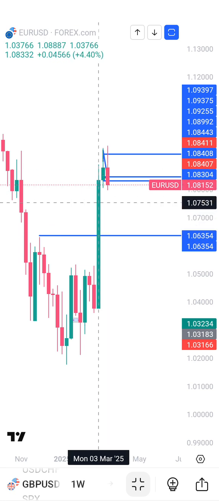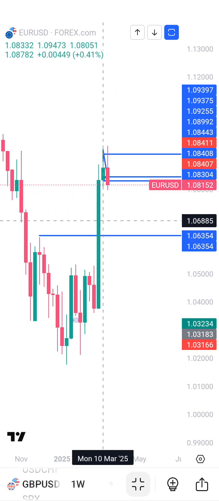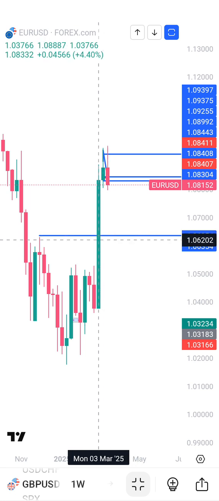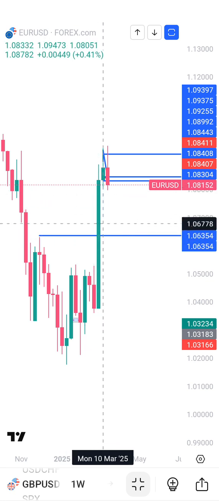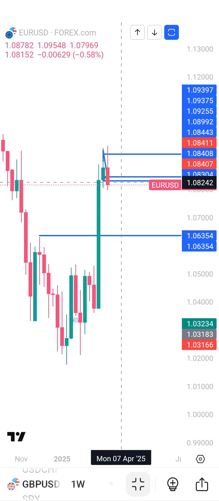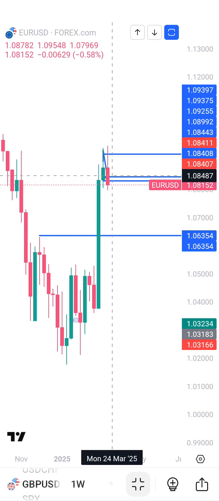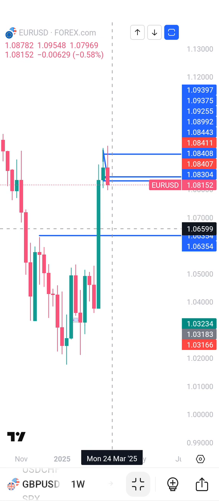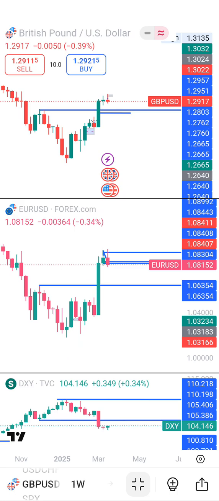So I want to look out for a buy within the area I told you on the H4 below the 50% of this range, where I would anticipate a bullish move. But for this week, I want to see more drop on EURUSD.